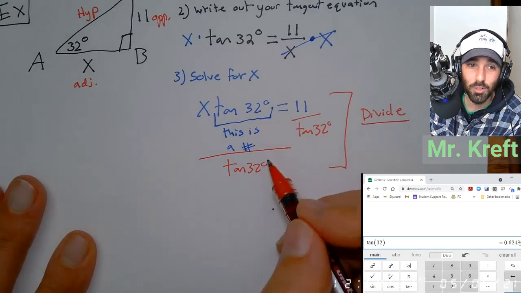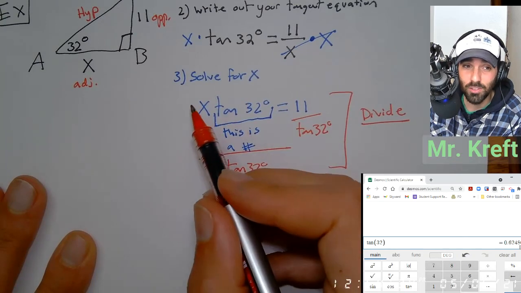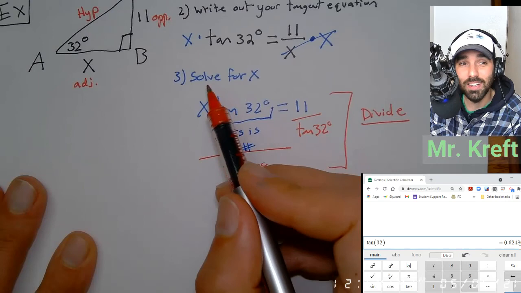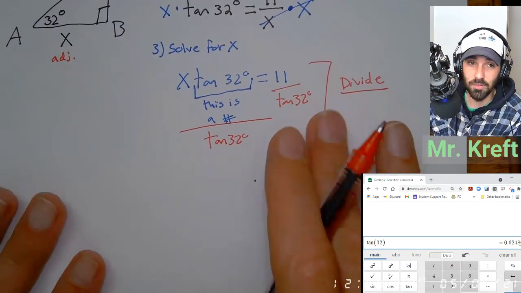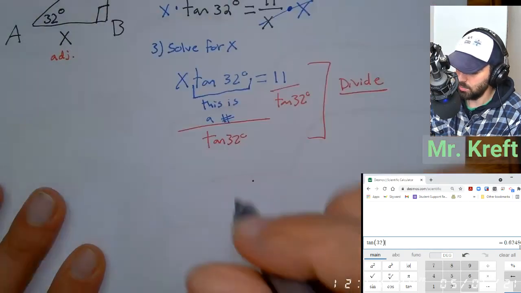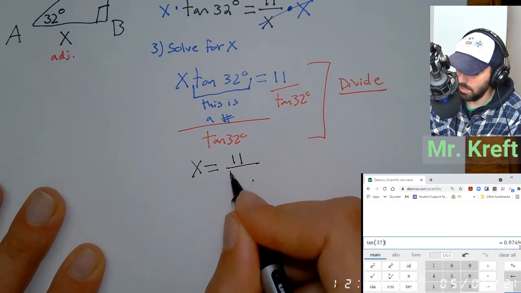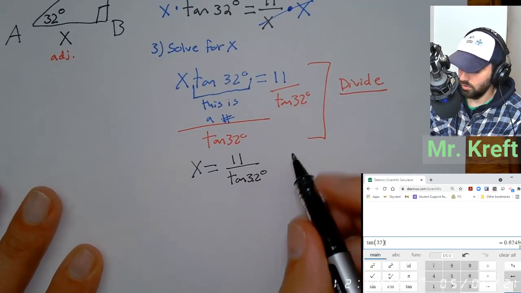They're like, what do I do with tangent of 32? Tangent of 32 is a number, so you do what you would do with any number. If this was x times 7, you would divide both sides by 7. So you're just going to divide both sides by tangent of 32. What do we end up with? We get x equals 11 divided by tangent of 32 degrees.